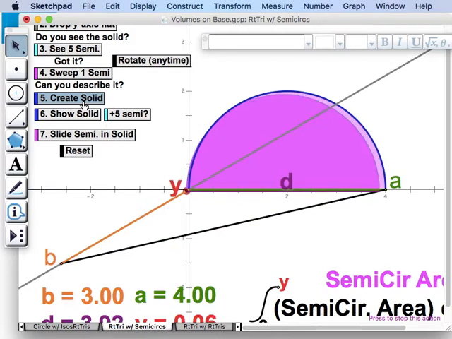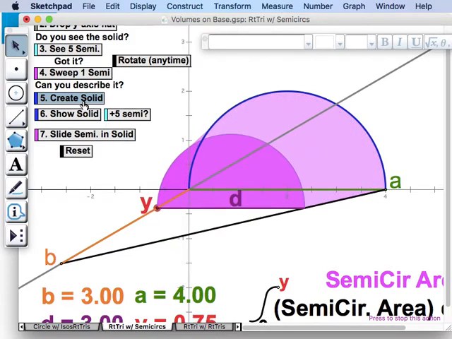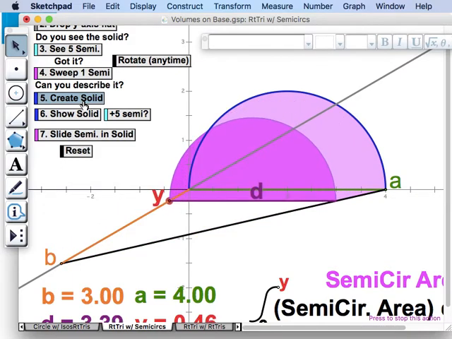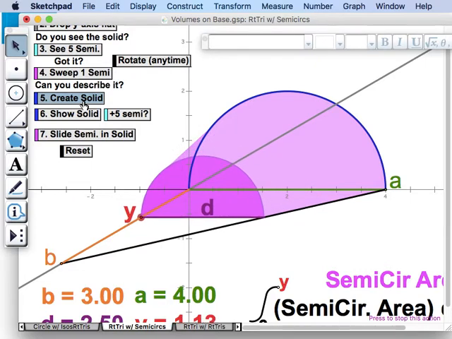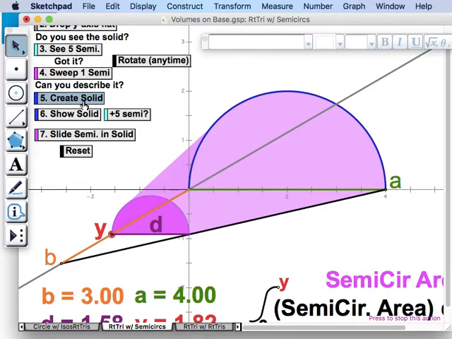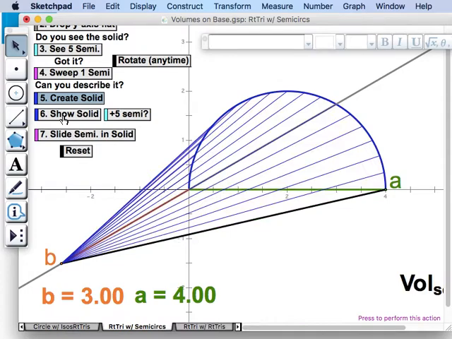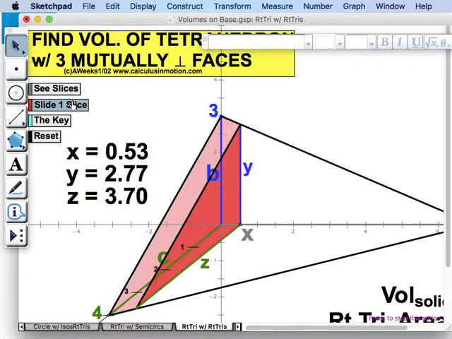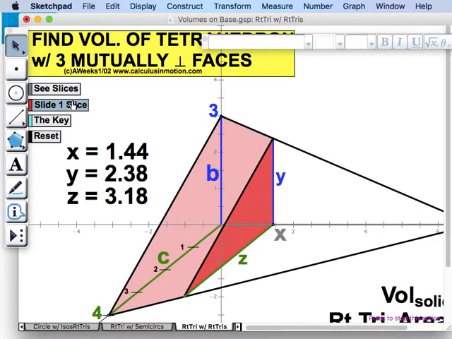It's kind of half a cone, but it's not a typical cone that you're used to. It's a cone that doesn't have the center over the center of the circle. So that's semicircles on top of a triangle.